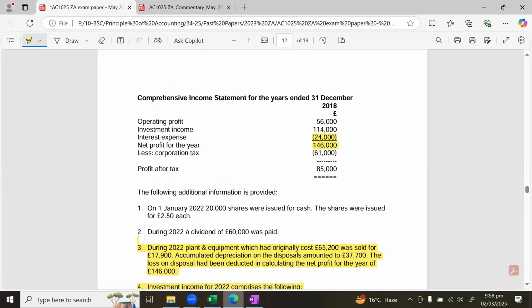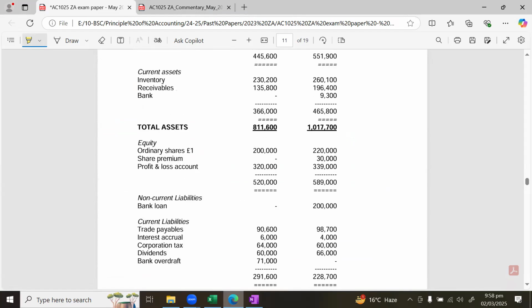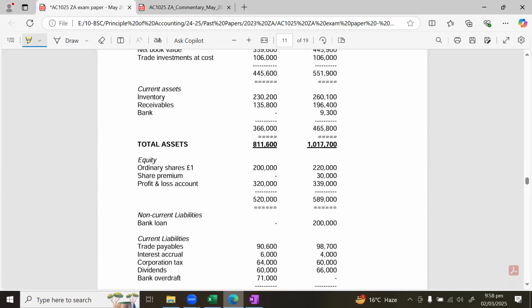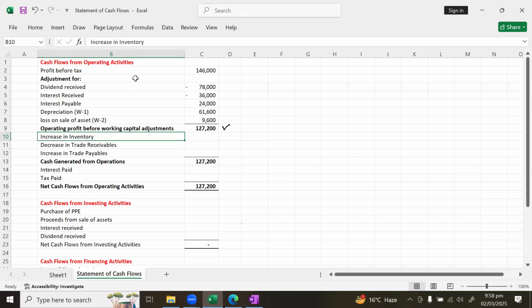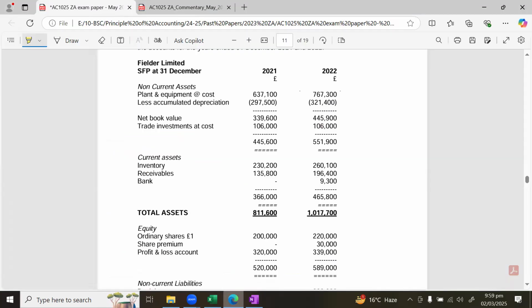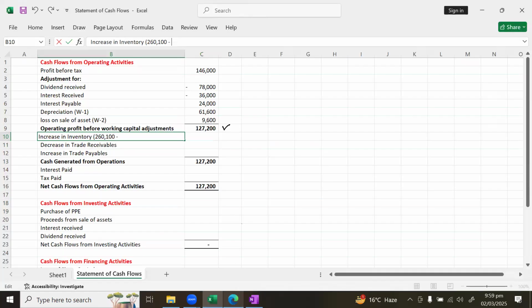Inventory: 2022 inventory is 260,100 minus 230,200.